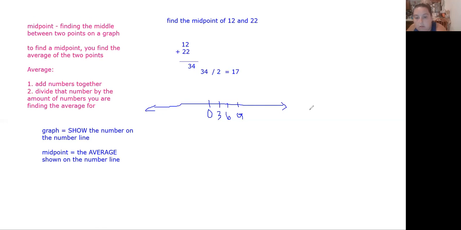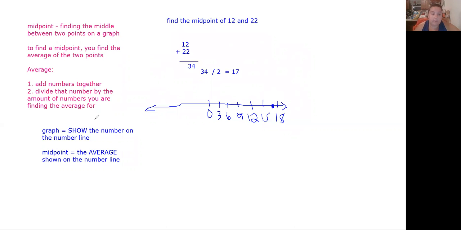Sorry. 12, 15, 18, 17 is probably right here. Because remember, you don't have to always go by ones. So here's 15, here's 18, 16, 17. 17 is probably right here. So that's how we would graph it.